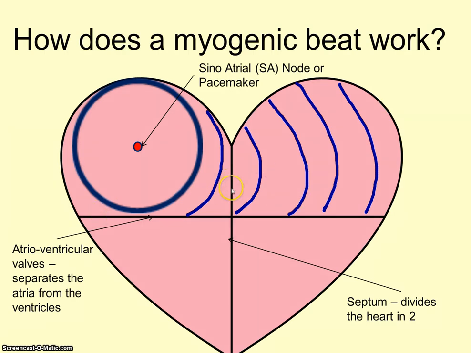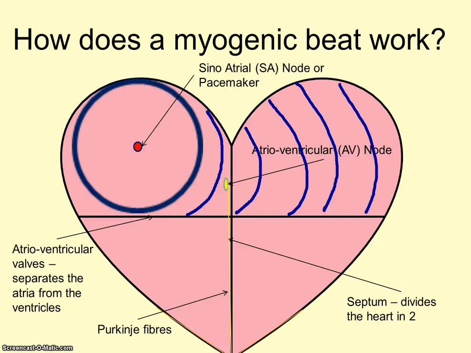Now remember I said that the atria and the ventricles beat separately. How does this happen? Well, in the septum between the atria there is a thing called the atrioventricular node. This receives the contraction from the muscle and changes it into a signal which it passes down some fibers called Purkinje fibers, running all the way down to the bottom of the heart.